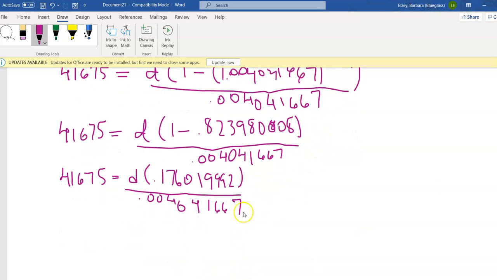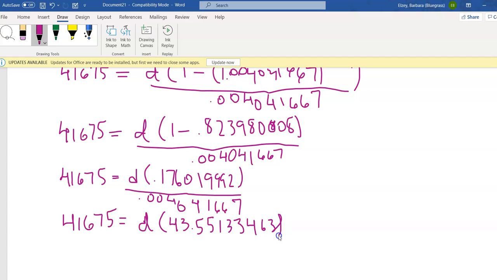All right, and now let's go ahead and divide out what remains with the D. We're going to divide this by this. And I got 43.55133463. And then last step, let's get D by itself by dividing out what's with it.